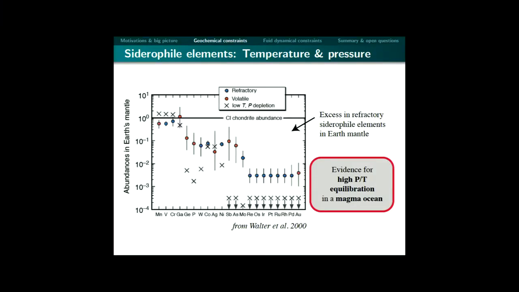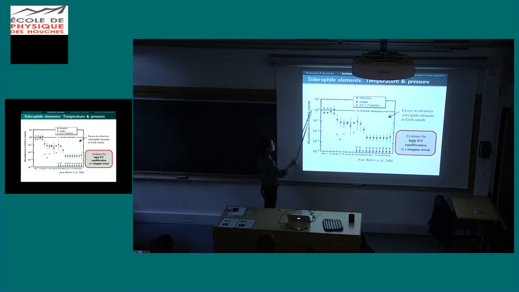So here you have abundances in the Earth's mantle for different elements. In blue, you can concentrate on the blue dots, which are for refractory, siderophile elements.